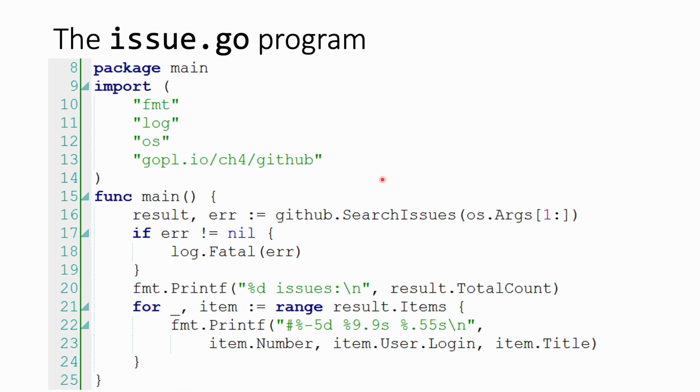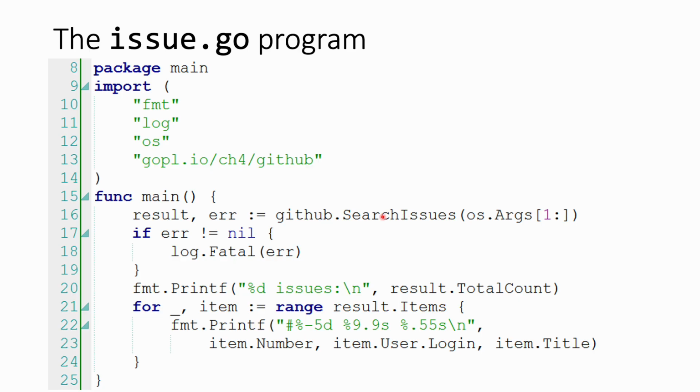Now we are ready to write our program named issues.go that uses the github package. The github package is imported in line 13 of this code. In the main function, it first calls the SearchIssues function from the github package.